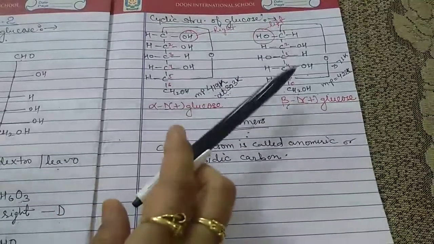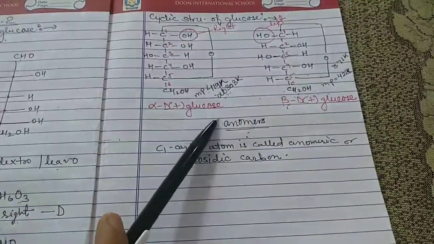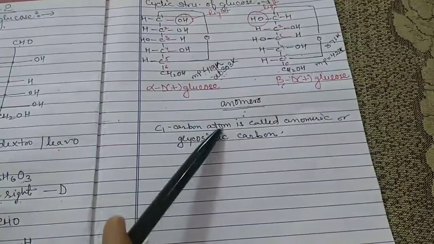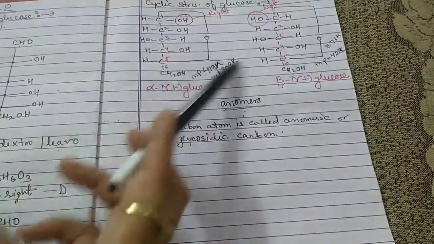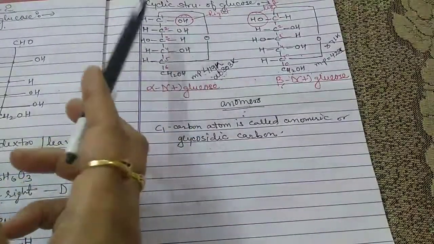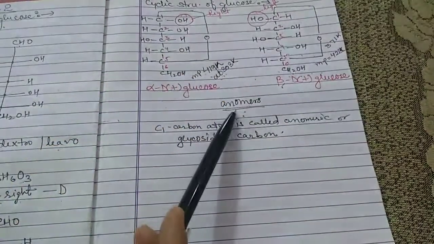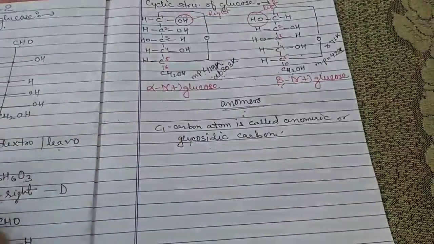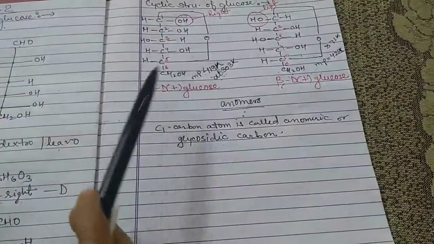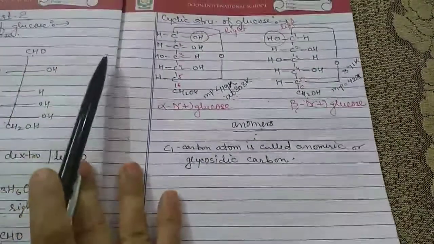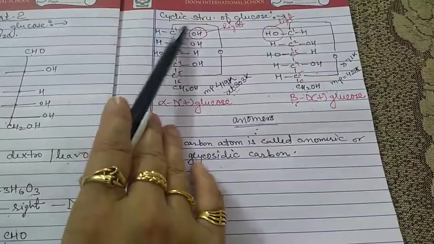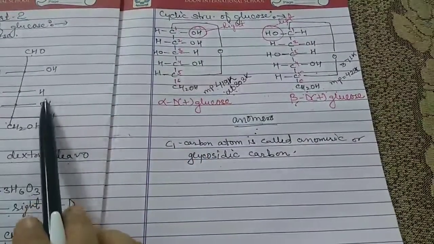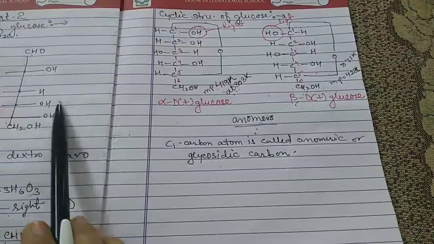These two isomers, whose configuration differs only at the C1 carbon atom, are known as anomers. Now we have completed the topic of glucose. This is the cyclic structure of glucose, and this one is the open chain structure of glucose.